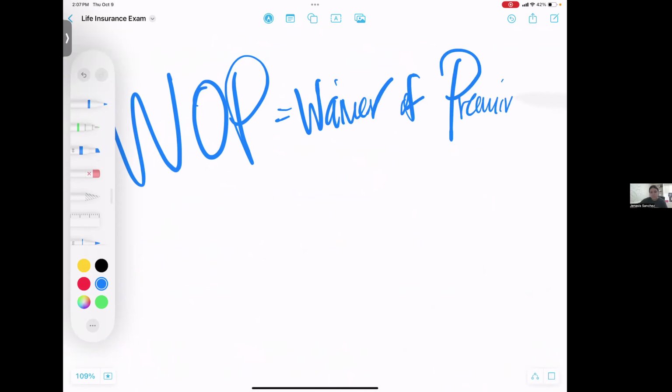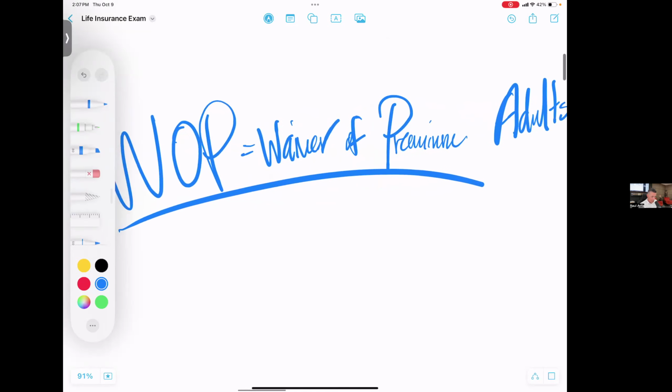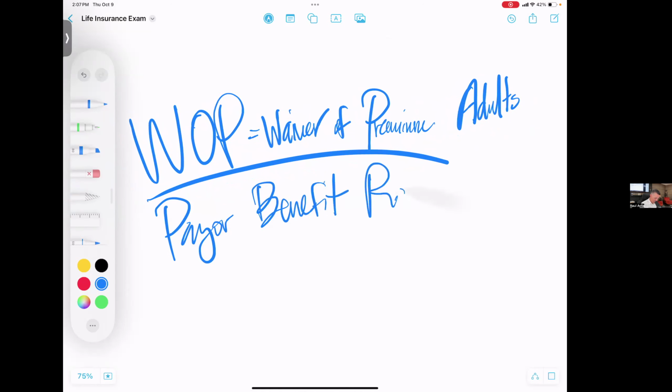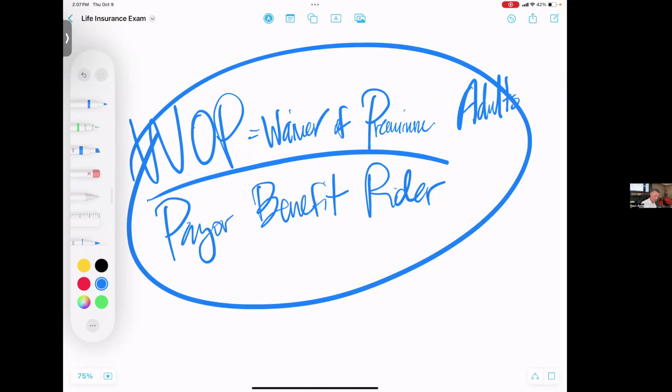As a rider. Well, this is for adults, because let's say I buy a policy for my daughter, the waiver of premium is not called waiver of premium, it's called payer benefit rider, which works the same way. These two work the same way, but this is for a minor.